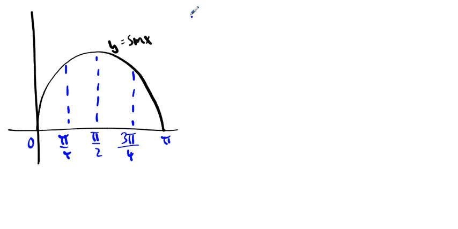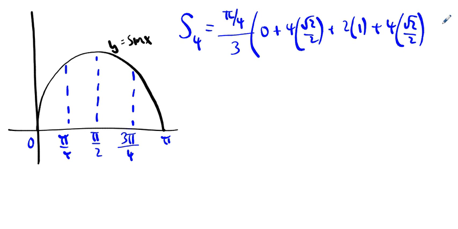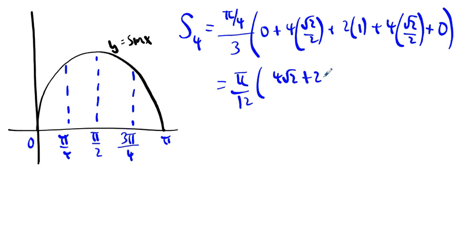So if I were to use Simpson's rule with 4 subintervals, I'd do delta x over 3 times the first y value, 4 times the next, 2 times the one after that, 4 times the next, and then I would continue 2, 4, 2, 4 if there were other subintervals, but there aren't, and then the last guy. And this turns out to be pi over 12 times 4 radical 2 plus 2.